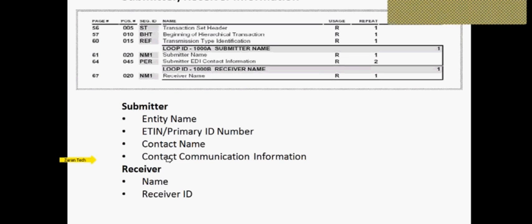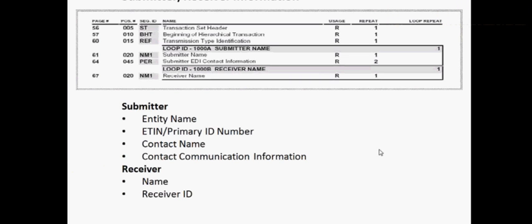As we capture submitter information, similarly we need to capture receiver information: who is receiving it, and what is the receiver ID. The receiver ID and the primary IDs need to be provided by CMS. These are the standard IDs.